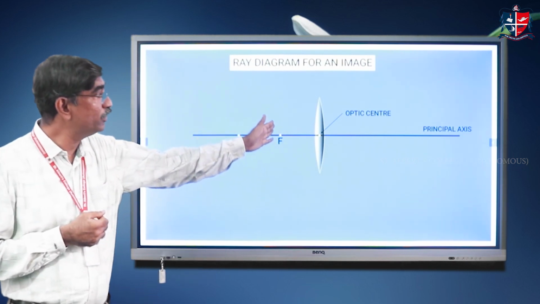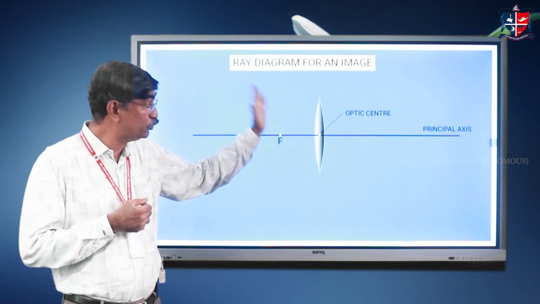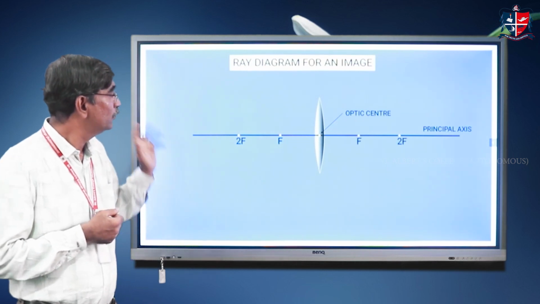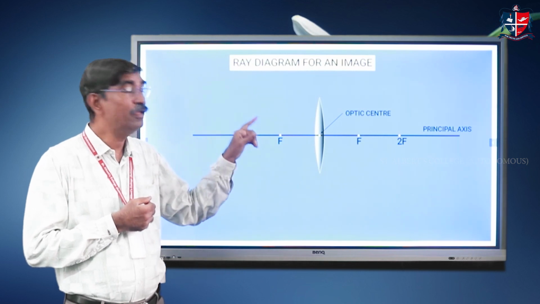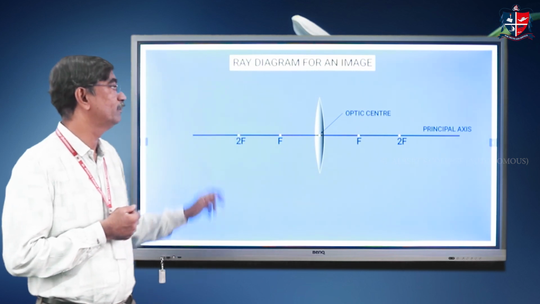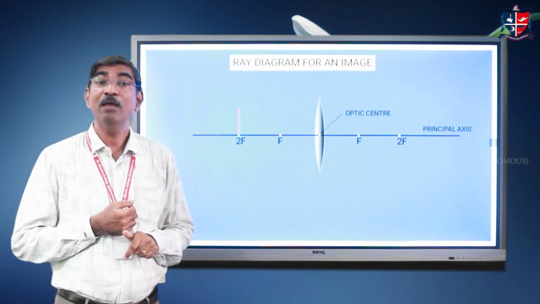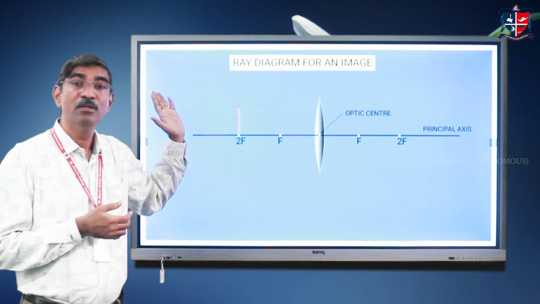Then this convex lens forms a part of two circles or two spheres, and hence it has two focal points on either side of the lens and 2F. Now we are placing an object at 2F.